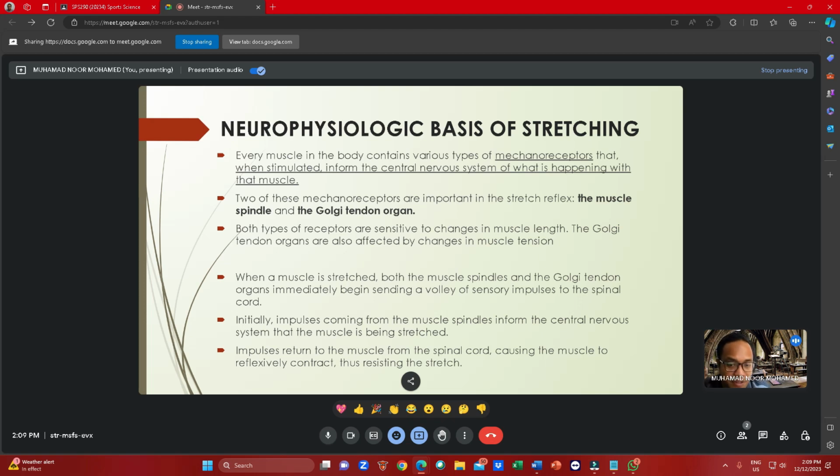Impulses return to the muscle from the spinal cord and cause the muscle to reflexively contract, thus resisting the stretch. In other words, the spindle determines how far we are able to go. The Golgi tendon organ determines how far the tendon is able to stretch, as the secondary contraction.